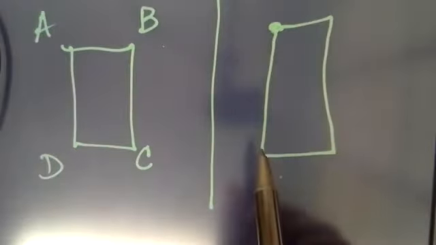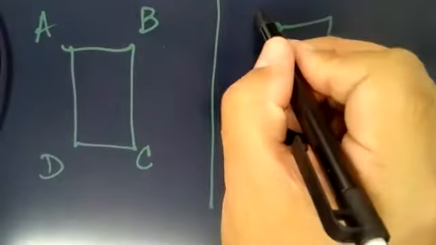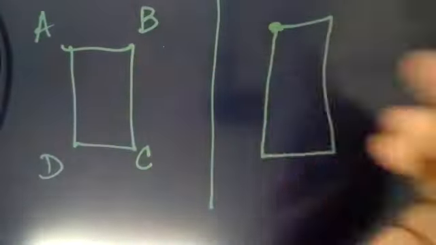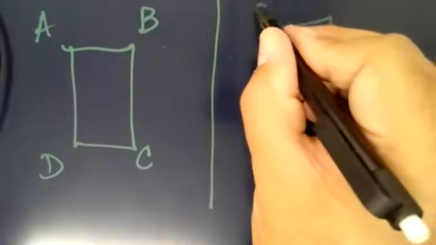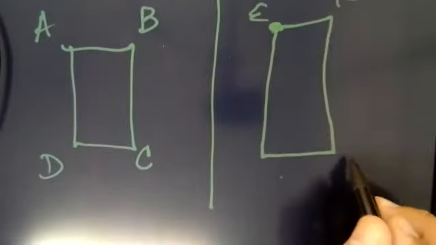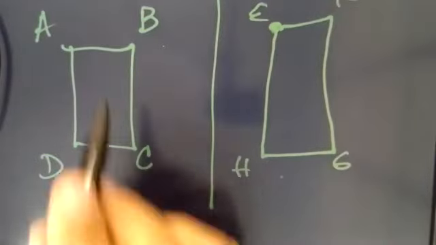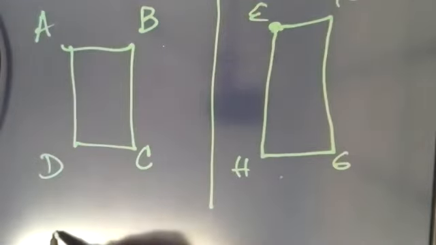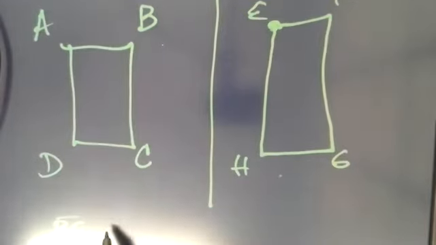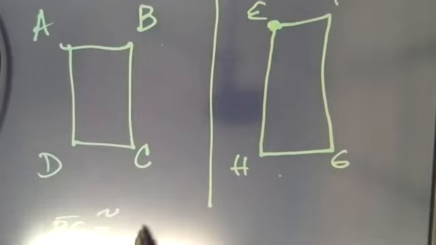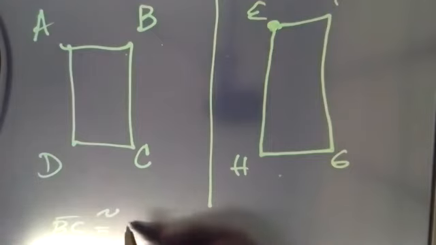You're right, but you're not saying it correctly. E prime. There you go. So let's say if I change it around. Let's say this is A, B, C, D. Let's call this E, F, G, and H. Okay. Well, I could say this, guys. I could say that segment BC is going to be congruent. The little line means congruent to what? BC is congruent to what? EH. Very good.